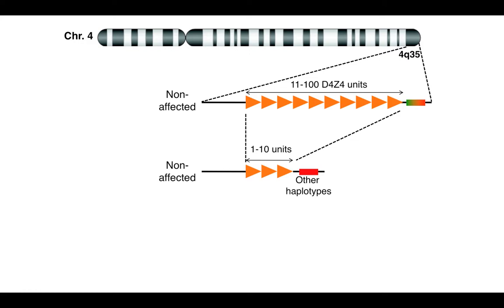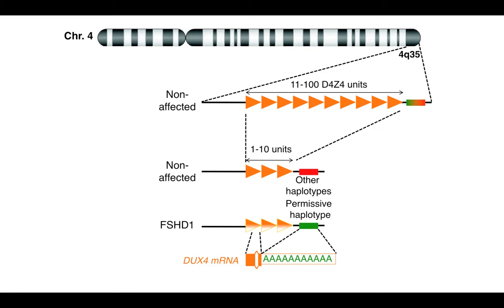However, in certain cases, there can be fewer of these repeats, and when you have 1 to 10 copies, the storage units become more accessible, and what is stored in each storage unit can be accessed. And in those cases, the gene that can be turned on is called DUX4.